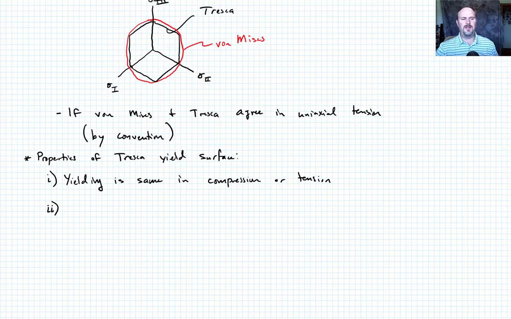The second property that's important is that because of isotropy, the yield surface here, again on this pi plane, these are all obviously, there's 6 components, so there's 60-degree increments. The yield surface must be the same in each 60-degree sector.